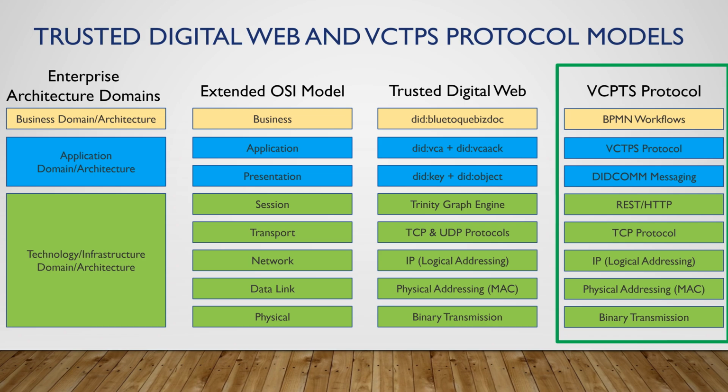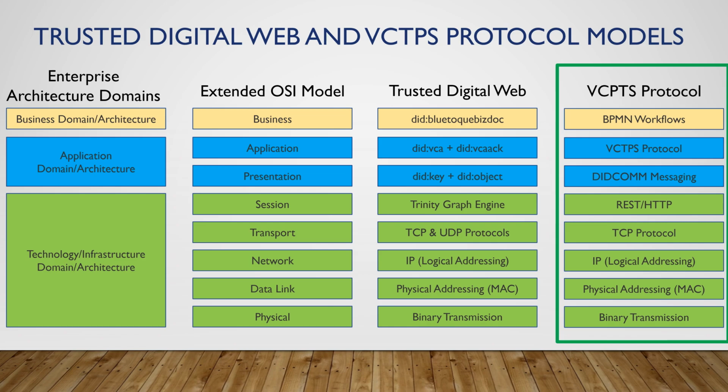And so if we look on the far right-hand side, the top of our technology infrastructure domain is the REST HTTP endpoints that our DIDCOMM agent supports. And it's on top of that REST HTTP protocol that we support DIDCOMM messaging.